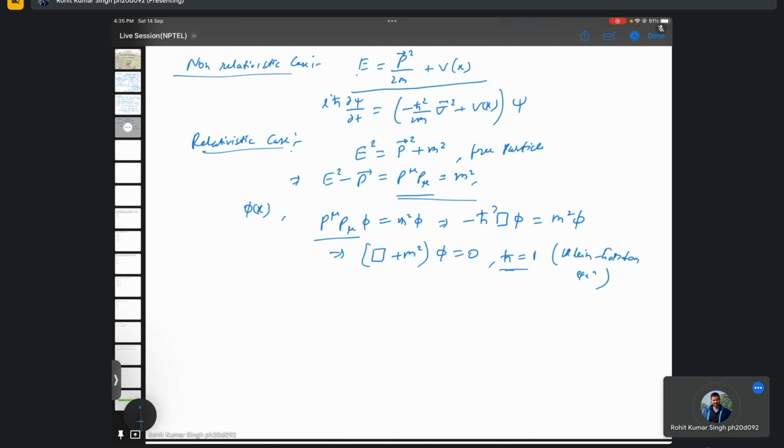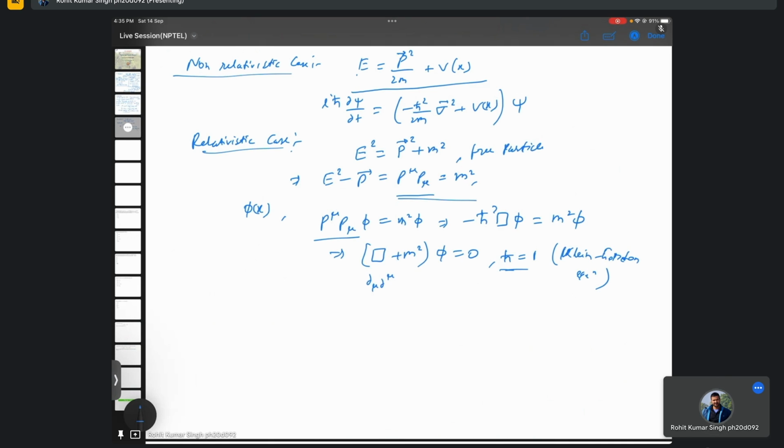And we just saw that this D'Alembertian is just the dot product of the four-derivative, right?